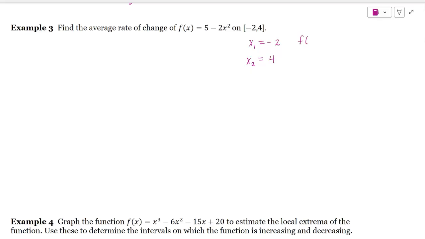I want to plug both of those values into the function to get their output values. So f of -2 is 5 minus 2 times -2 squared. That is 5 minus 2 times 4. 5 minus 8 is a -3.